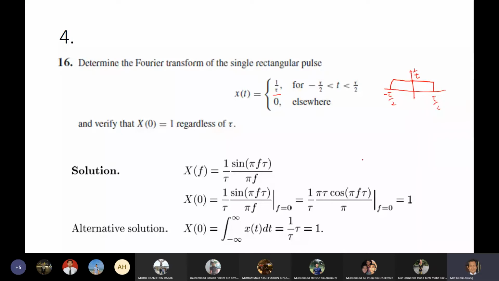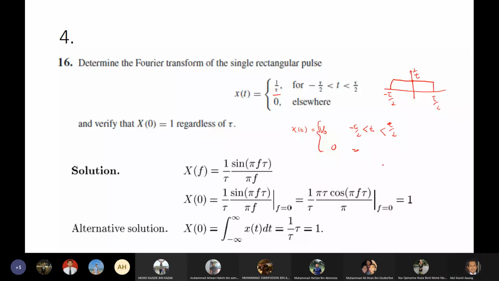So what is the solution? From question number 1 and question number 2, you get something like this. Remember x(t) is equal to v naught for minus tau over 2 to tau over 2, and 0 elsewhere.